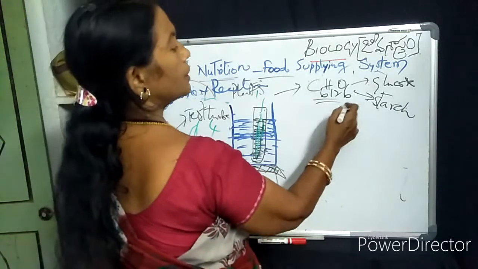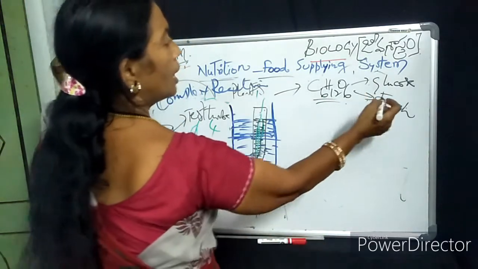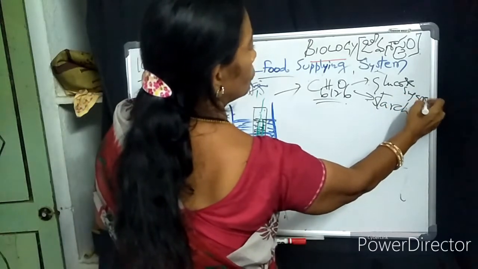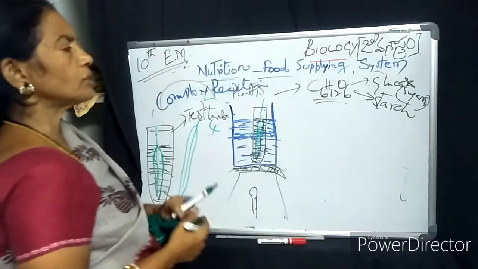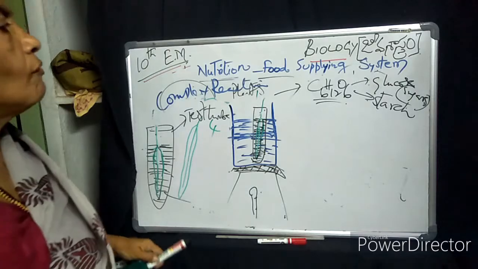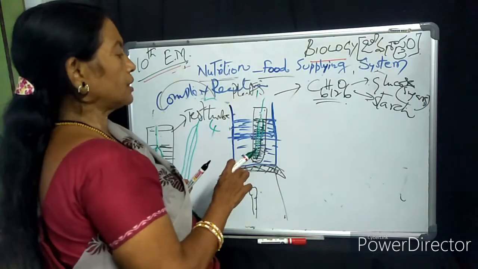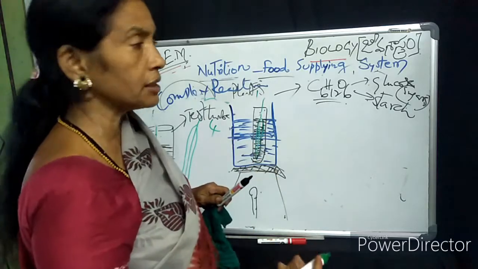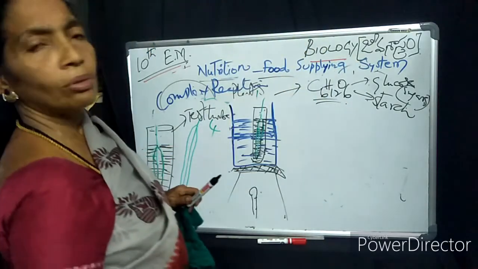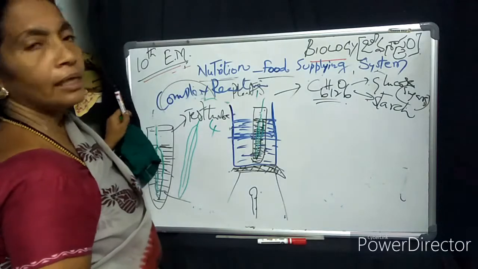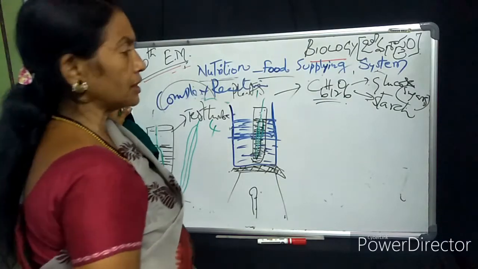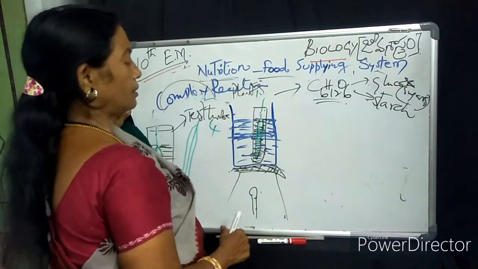So we are testing this carbohydrate, glucose or sugars, to see whether the leaf has prepared this food content while undergoing photosynthesis in the presence of sunlight.